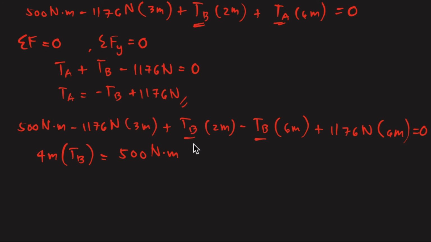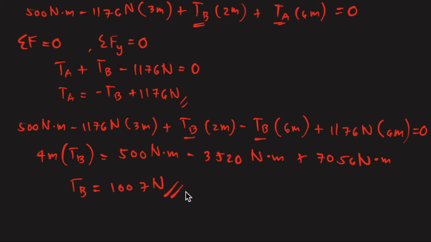So 500 Newton meter minus 3528 Newton meter, and then plus 7056 Newton meter. Okay, so now TB is equal to 1007 newtons. So this is TB.